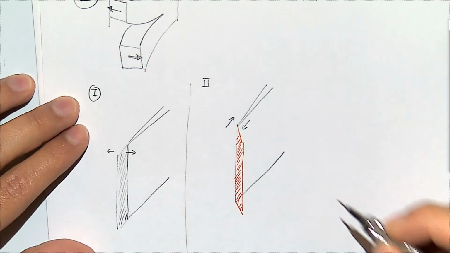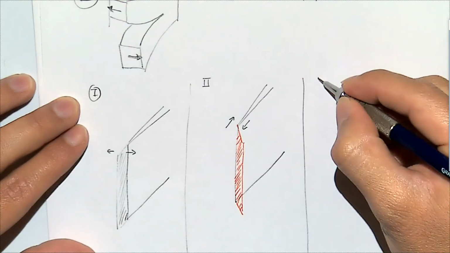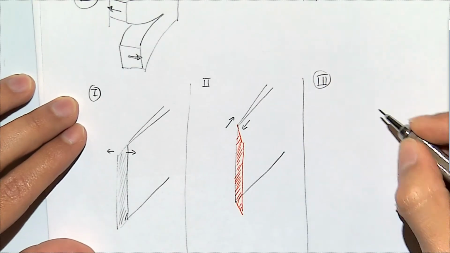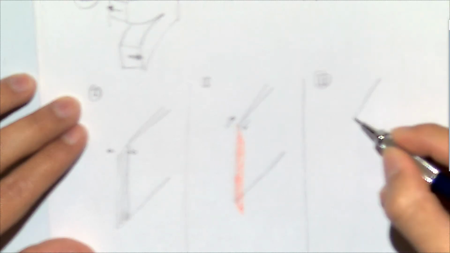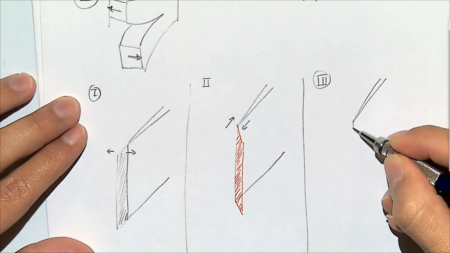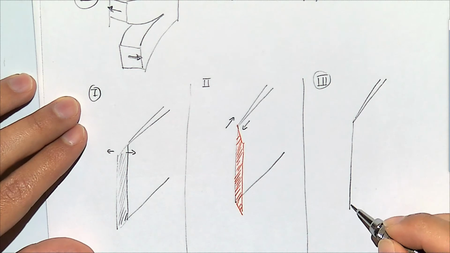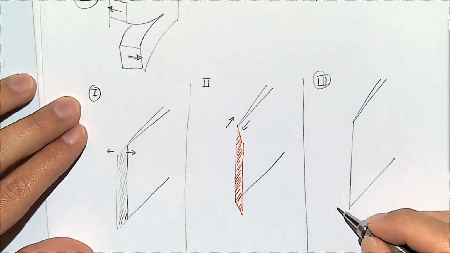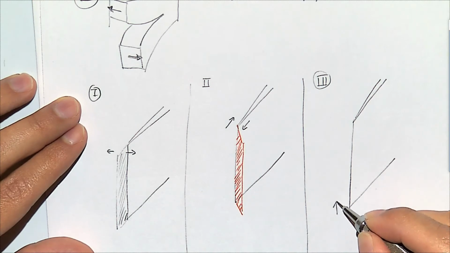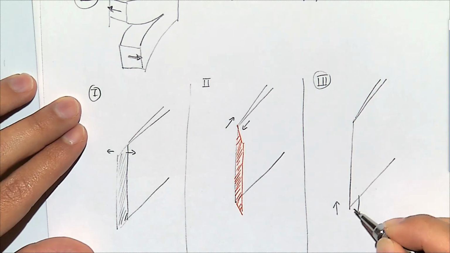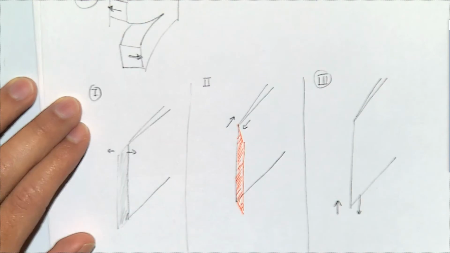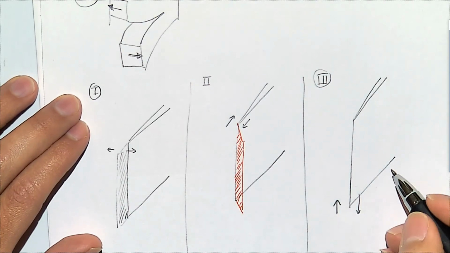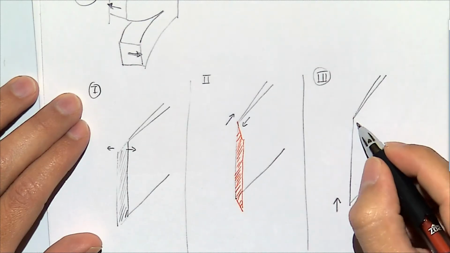And last, if you have an initial open mode fracture, but when it gets to the tip, now it finds a shear which is in this direction, the fracture is going to tend to segment.